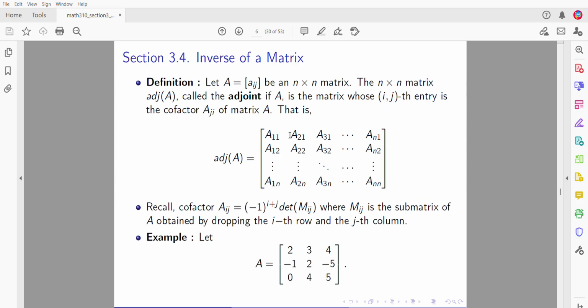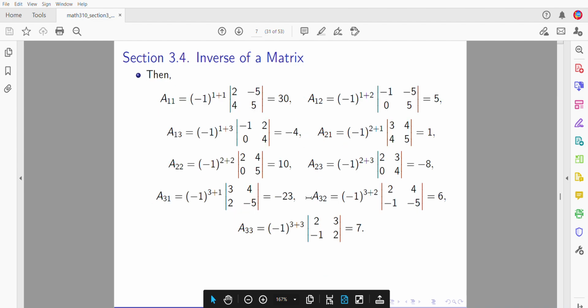Now this location, row 2, column 1. Drop row 2, drop column 1: 3, 4, 4, 5. You have dropped row 2, column 1. So that's the appropriate sign. Assuming my calculations are correct, that's that.